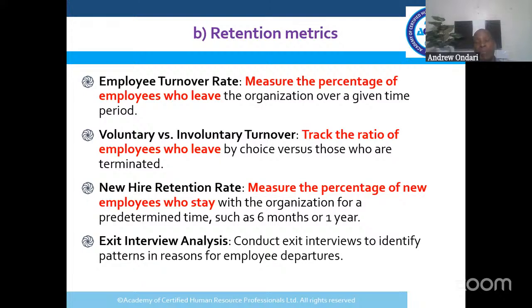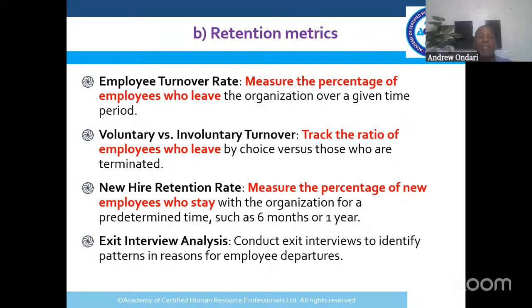So we are looking at 10 people who have left within this year. So we look at the number of people who are there in January and the number of people who are there now, you divide by 2 and then multiply 10 over that number by 100. So that will give you a turnover rate.